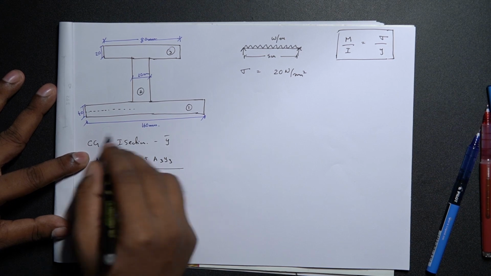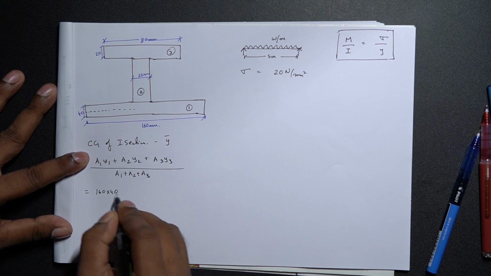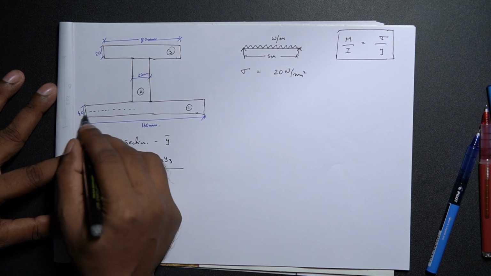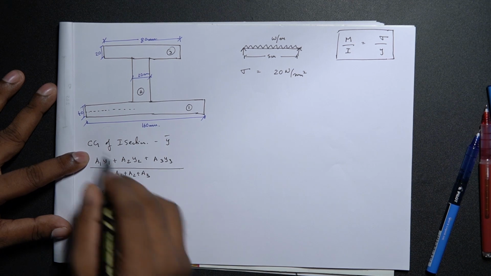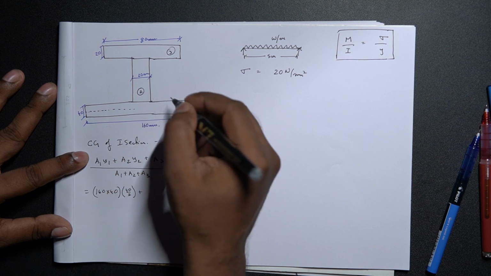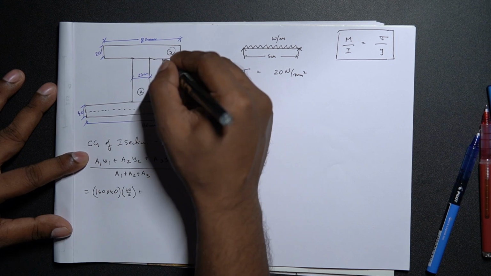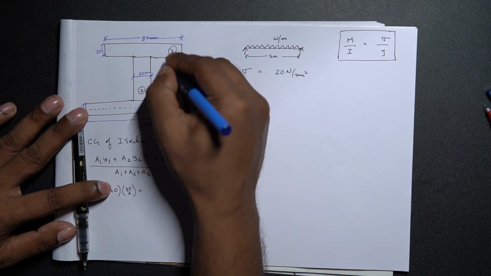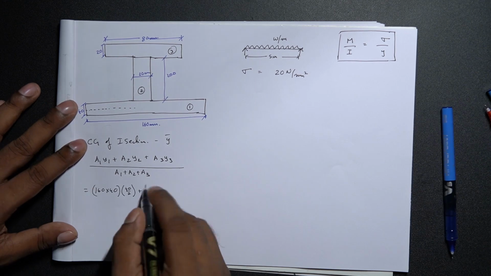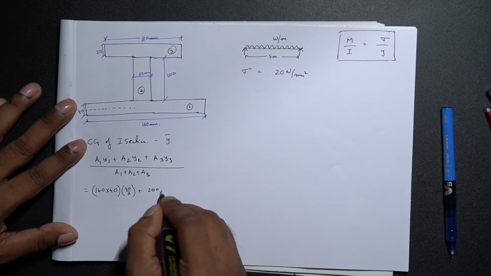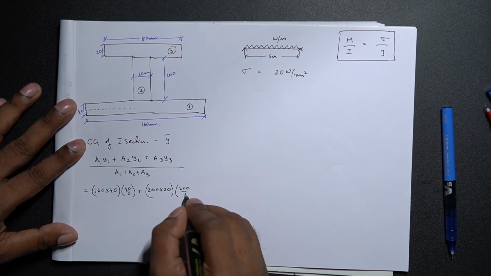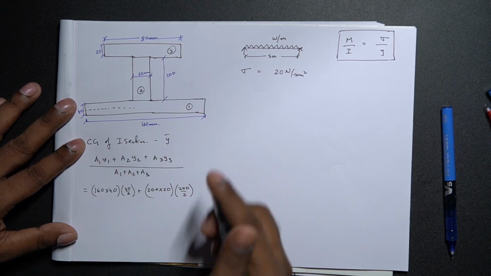Let's put everything into perspective. A1 is 160 times 40, into Y1. Y1 is half of 40, so that is 40 by 2, exactly in the middle for a rectangle, plus A2. Sorry, I didn't put this value here. This is 200. So A2 is 200 times 20, into 200 by 2, because the center of gravity is exactly at half over there.